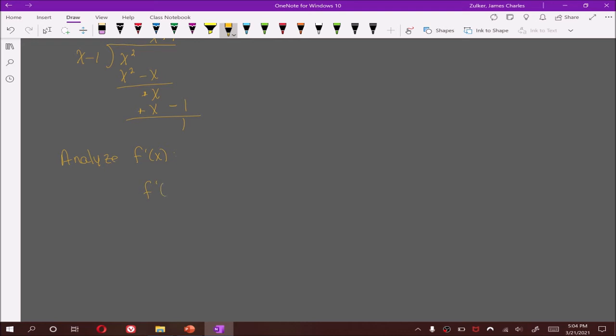If we take the derivative, it's going to be a quotient rule. And if we now simplify this, we get x squared minus 2x all over x minus 1 quantity squared.